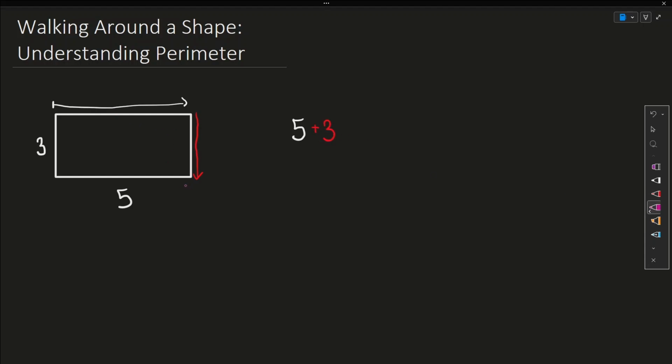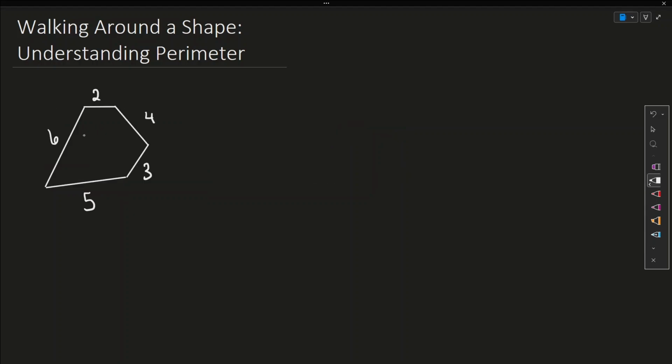Next, we would go back this way, which would contribute another 5. And then finally, we would go back up to get to our starting point, which would contribute another 3. So when we add this, we get that our perimeter is 16 units.